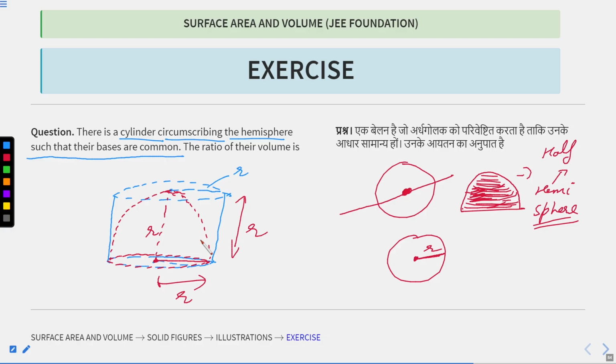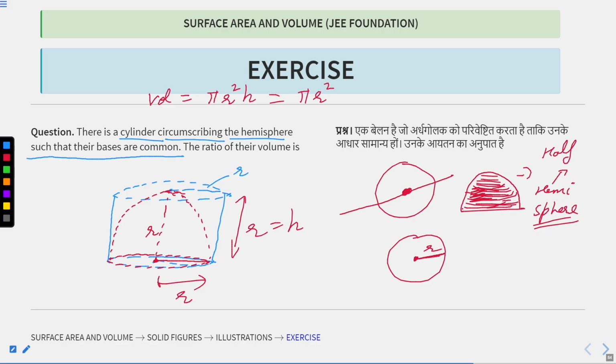Now in this case, the volume of the cylinder, we know, is pi r square h, and we know h equals r in this case. So pi r square times r, which is pi r cube.